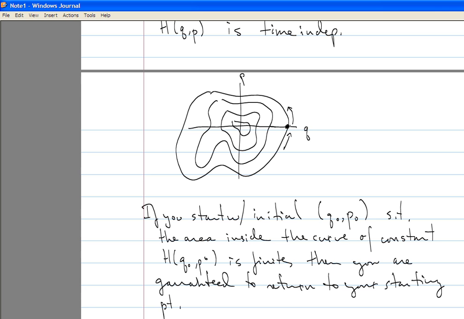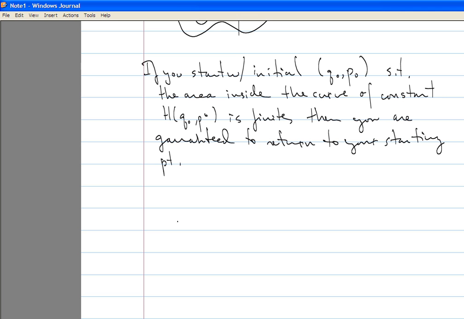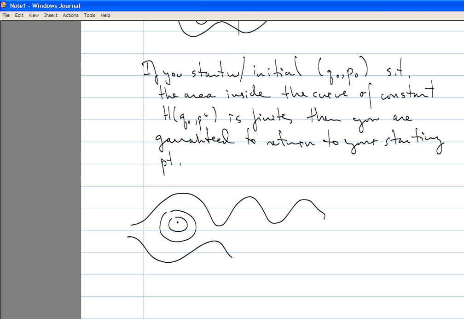So, for example, for the pendulum, we had two different types of trajectories, depending on whether or not the initial momentum and position were such that the motion was bounded or unbounded.